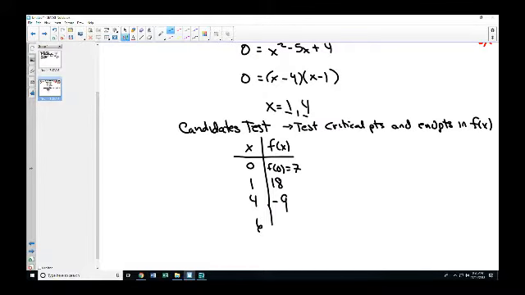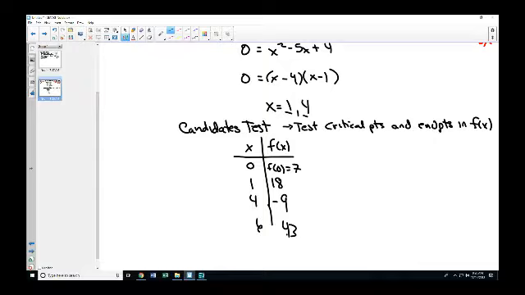Can I do 6 as well? It's 43. I can't factor, but I can add. What's the maximum?